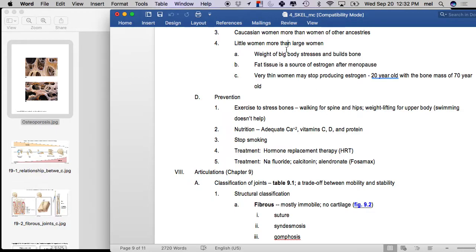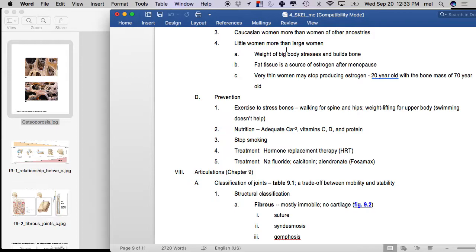So, the other thing is, what about your body size? Okay. Now, if I'm a woman, and I am, remember that your bones respond to mechanical stress and gravity. They build, right? So if I am doing weight-bearing exercise, then I build bone mass.